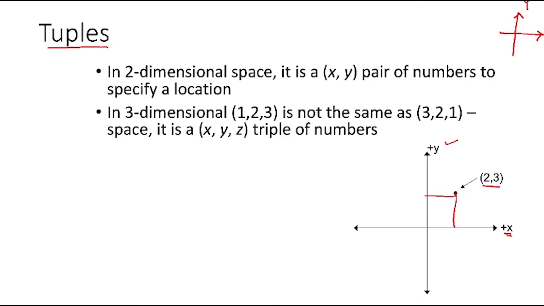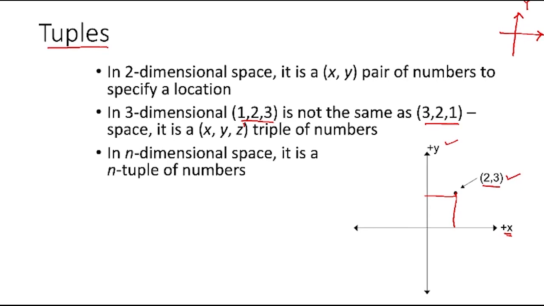In 3 dimensions we know that there will be a 3-dimensional point 1, 2, 3, right? But if I am writing 1, 2, 3 and 3, 2, 1, they will not be the same in 3 dimensions, just as if I am giving you 2 comma 3 and 3 comma 2, both are different, not the same, right?